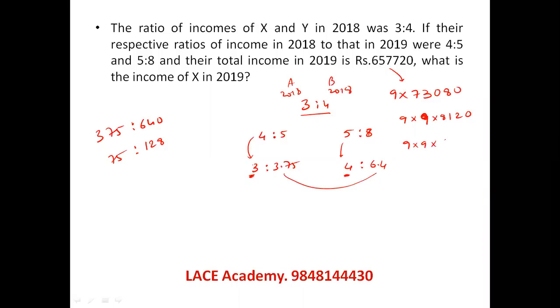Taking out 4, 2030. So 40 into 203, I can say.